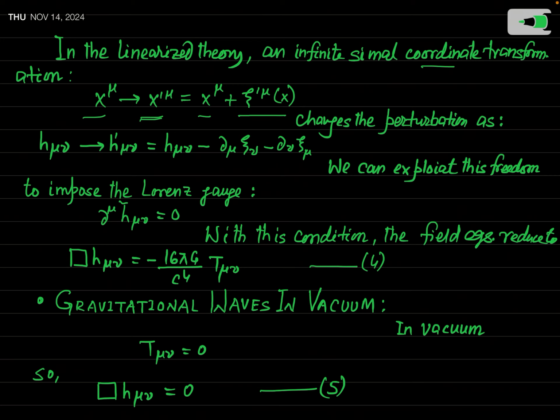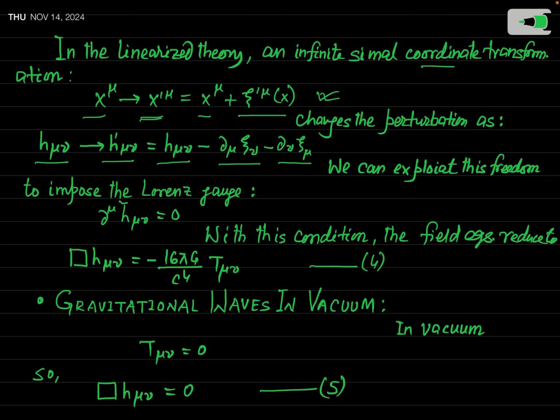So if you consider that this h_μν changes to h'_μν, then under this type of coordinate transformation h'_μν is given as h_μν minus ∂_μ ζ_ν minus ∂_ν ζ_μ.